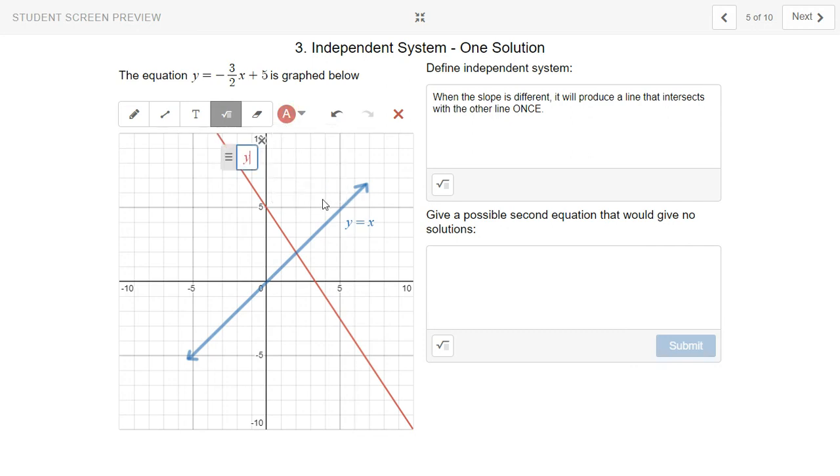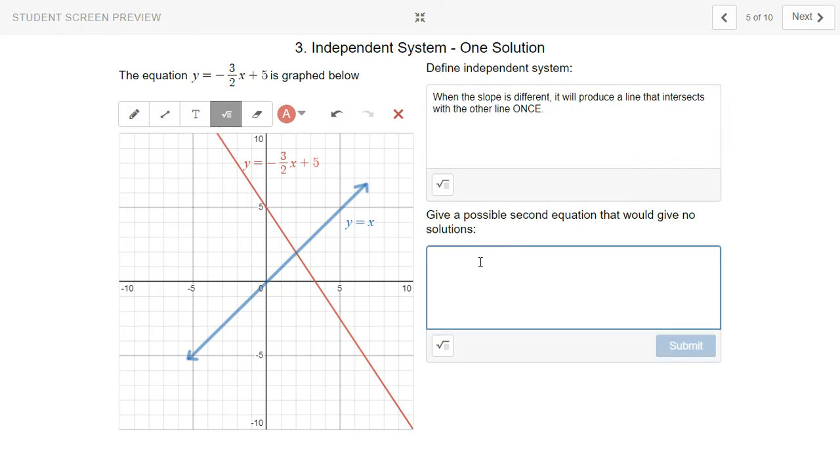My original line is y is equal to negative 3 over 2x plus 5. You notice that the slope of the blue line is 1. The slope of the red line is negative 3 over 2. As long as the slopes are different, then the system will have one intersection.